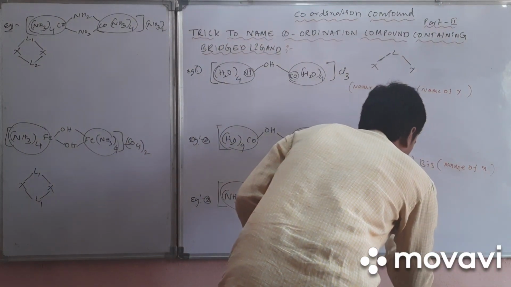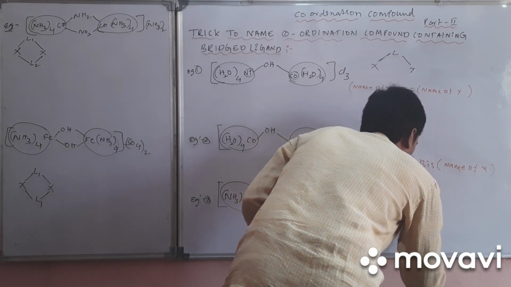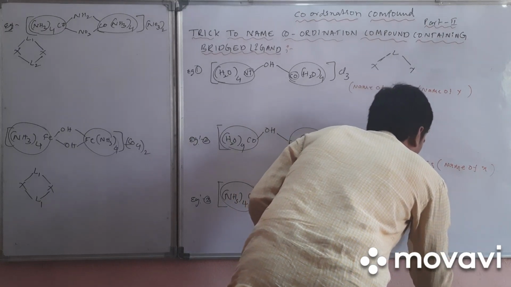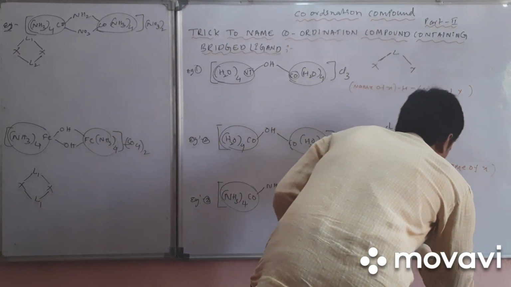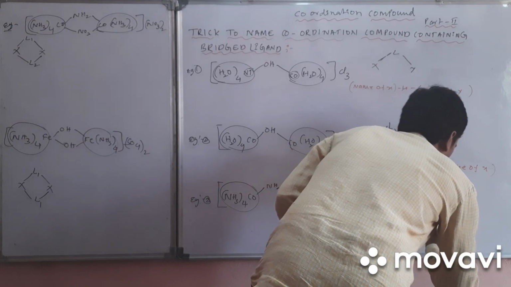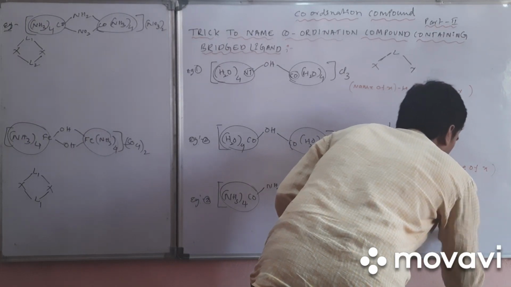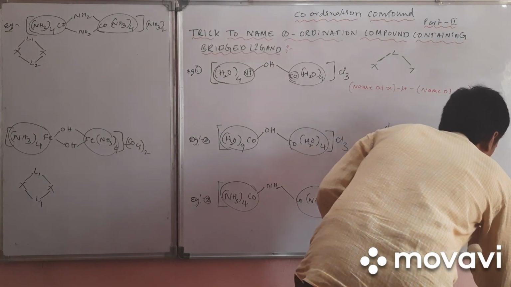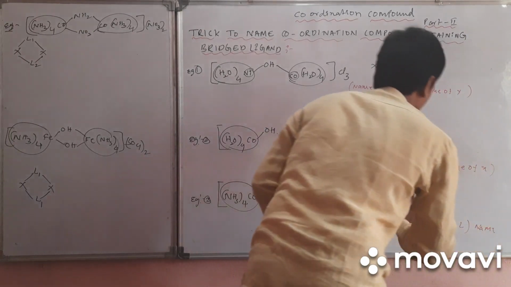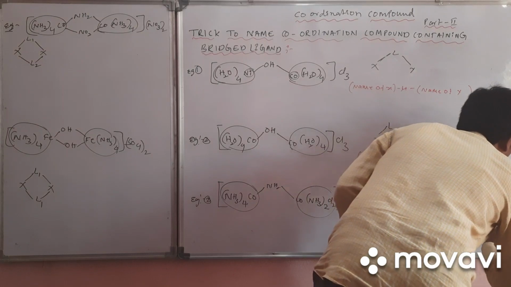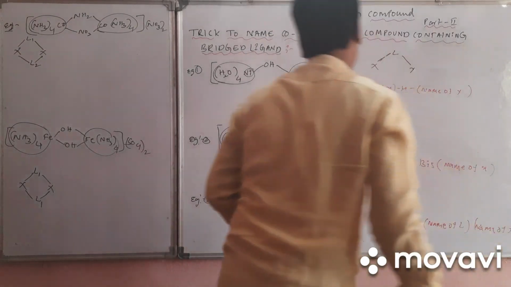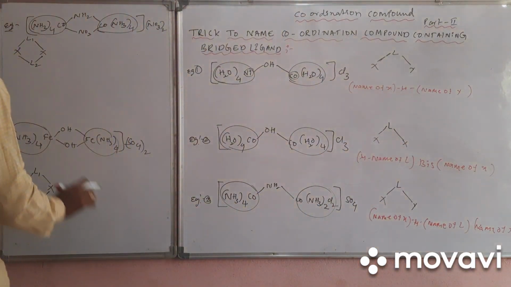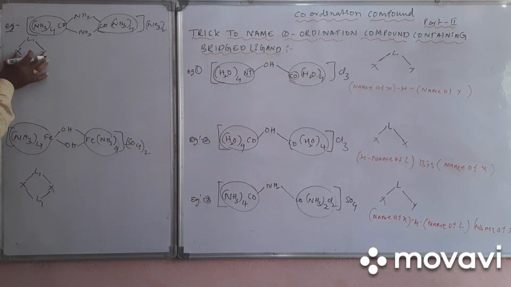Before the ligand name we use mu, next name of L. Next name of Y.